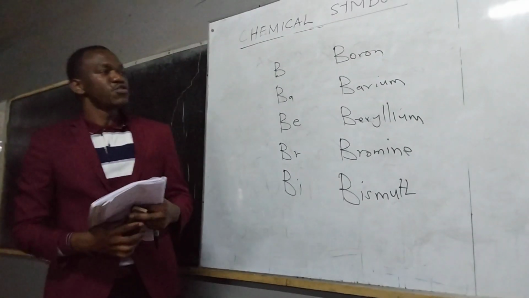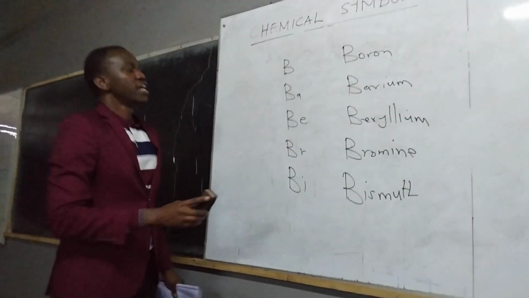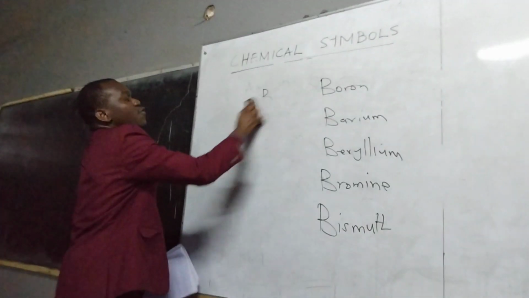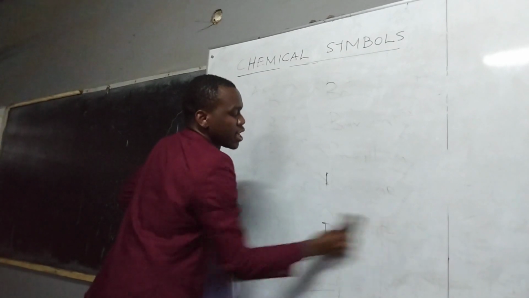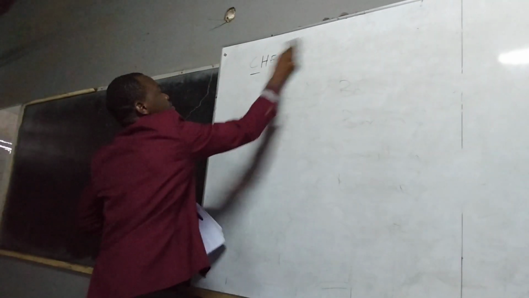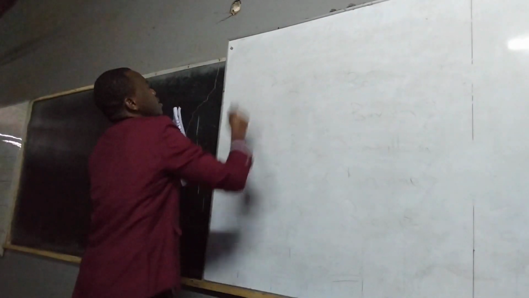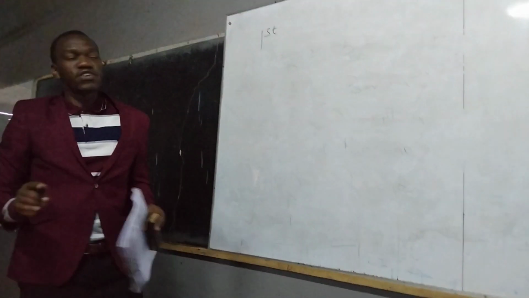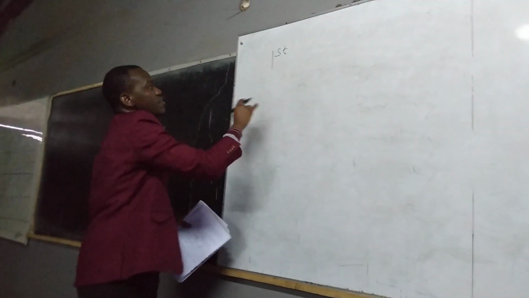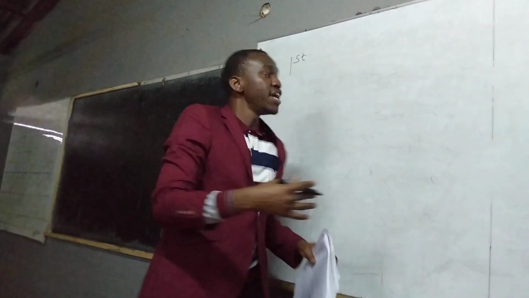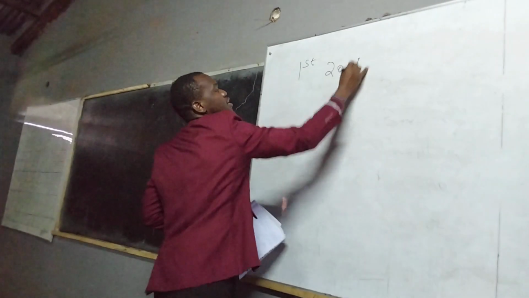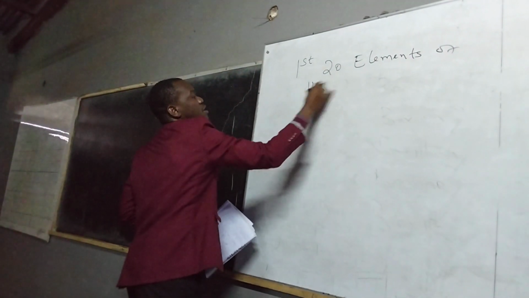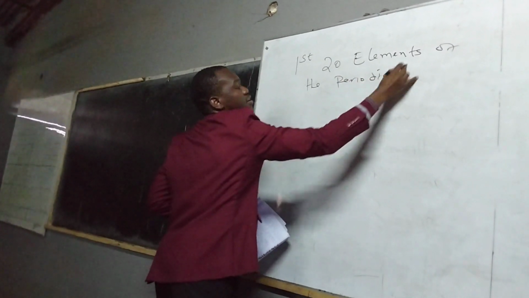Okay, in this session I wanted to briefly talk about the first 20 elements of the periodic table. I'm not going to explain the periodic table today. In my next video, I'll be talking about the periodic table in detail. But today I just want us to learn how to memorize the first 20 elements.